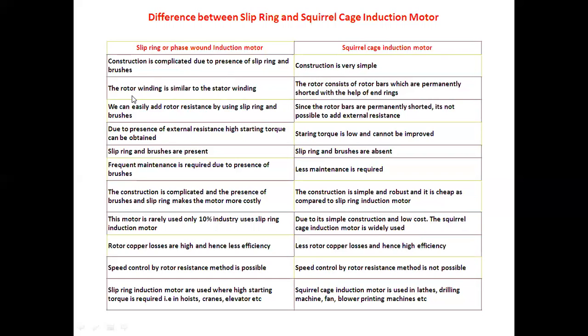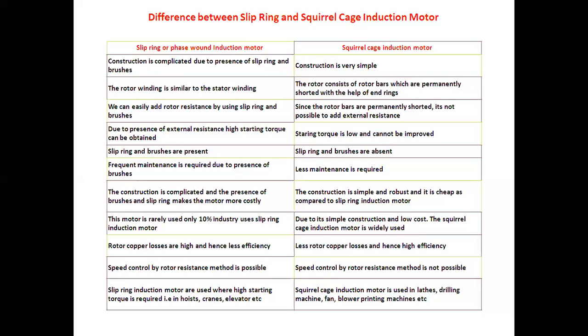For the slip ring motor, the rotor winding is similar to the stator winding, but for the squirrel cage, the rotor consists of rotor bars which are permanently shorted with the help of end rings. For the slip ring induction motor, we can easily add rotor resistance by using the slip rings and the brushes that we have already seen. For the squirrel cage, since the rotor bars are permanently shorted, it is not possible to add the external resistance.